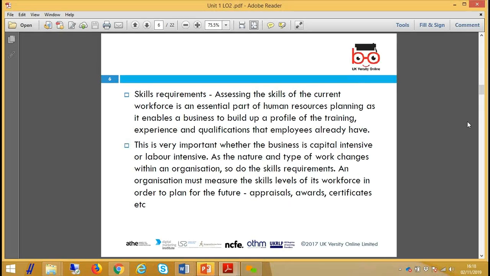So we also need to consider skill requirements. What are the current skills and competencies of your workforce? Then what skills and competencies you expect they will require, say, in the next 3 years or the next 5 years, depending on your time frame for planning. So if there's new technology coming in, then there may be new skills and requirements.